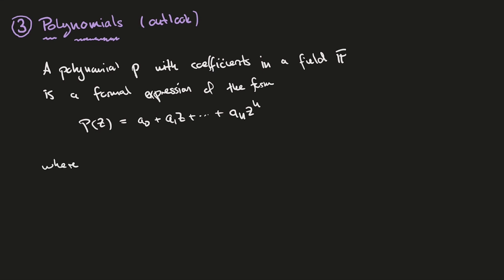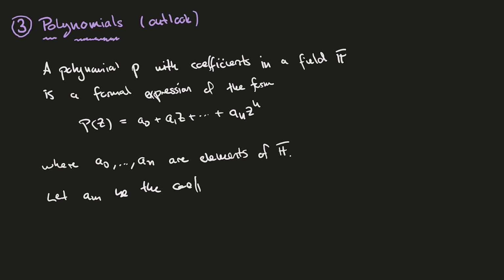And here, the coefficients a_0 up to a_n are elements of F. Now let a_m be the coefficient of largest index that satisfies a_m is not equal to 0.